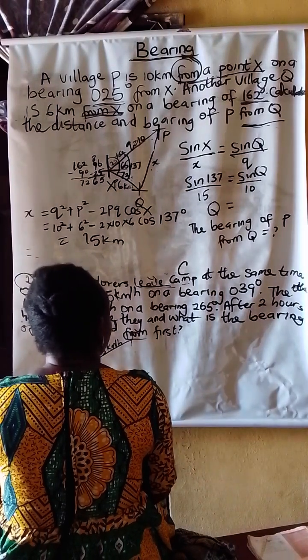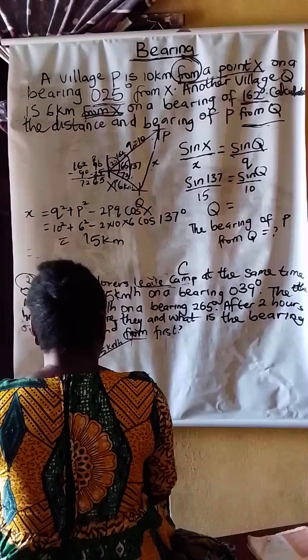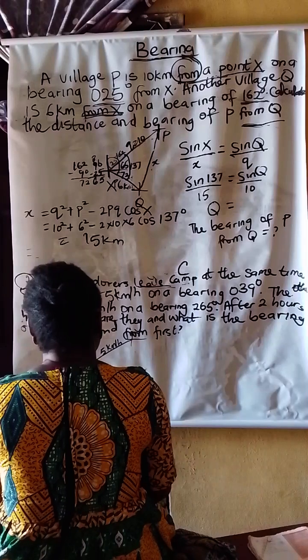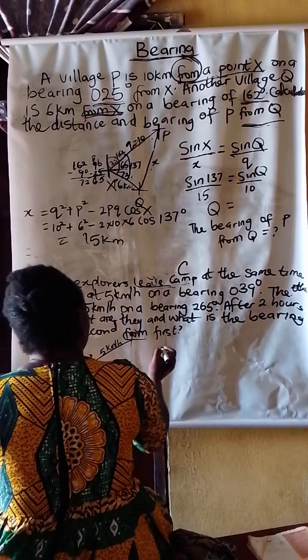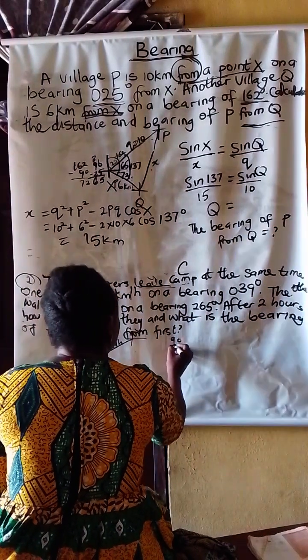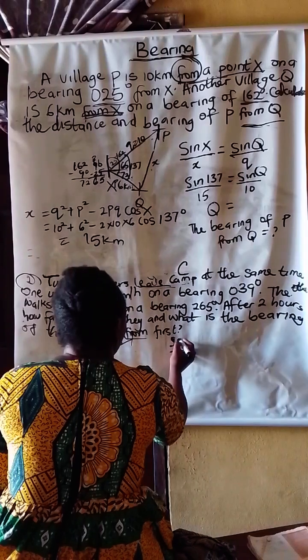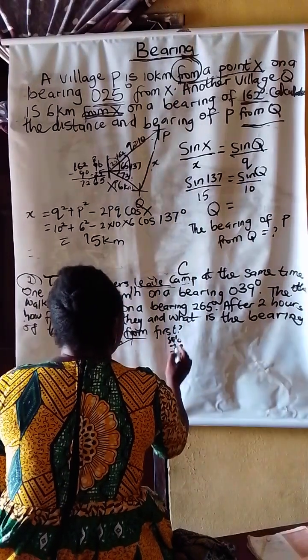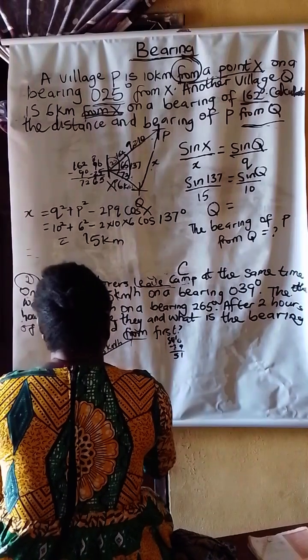So, 39. 90 minus 39, borrow 1 here, we have 51.